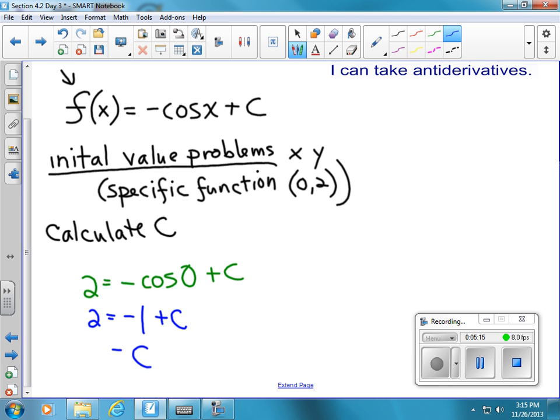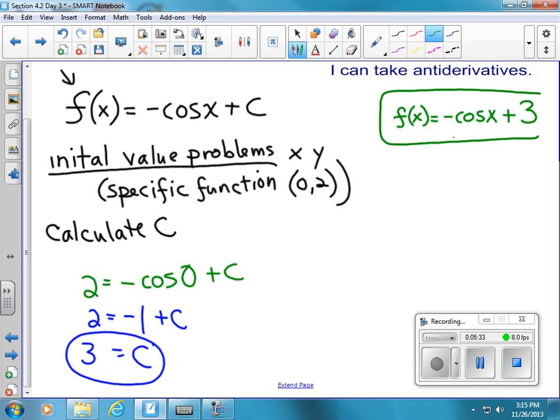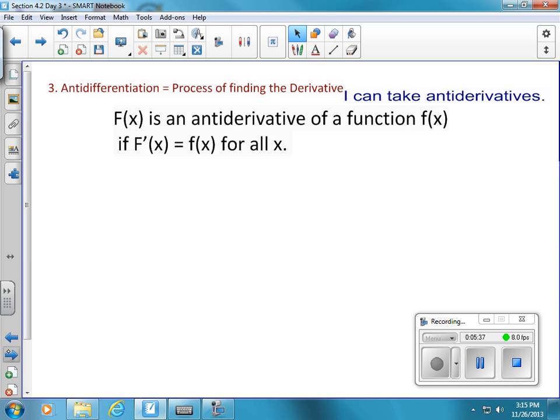Add 1 to both sides, and c equals 3. Okay, final step, we're going to rewrite our equation with c equal to 3. So, function equals negative cosine of x plus 3. That is the answer to this initial value problem that gives us a specific starting point.